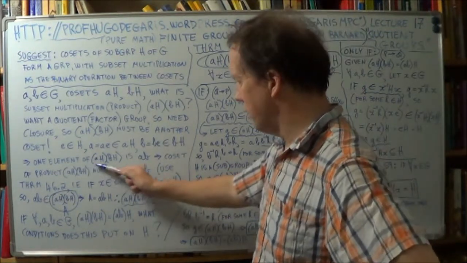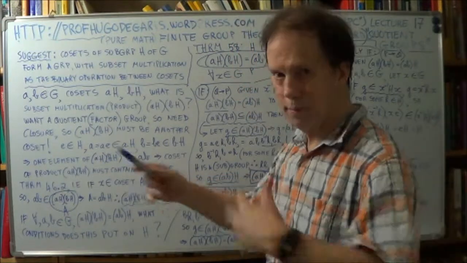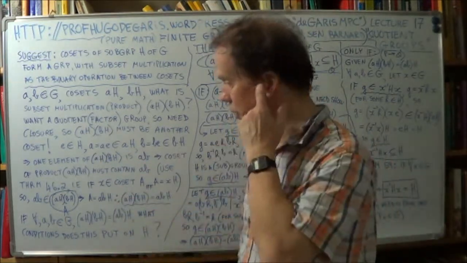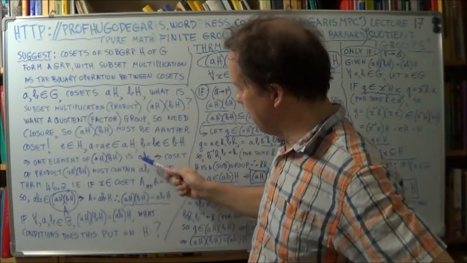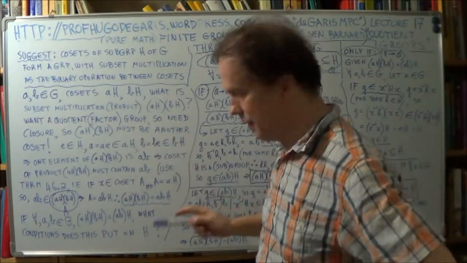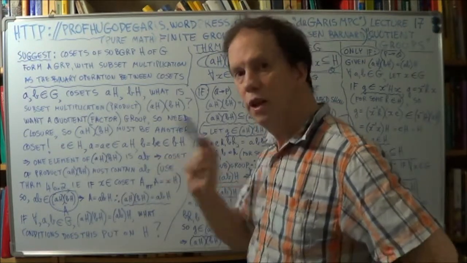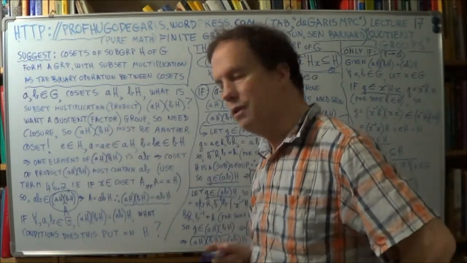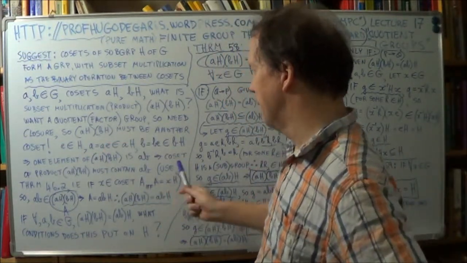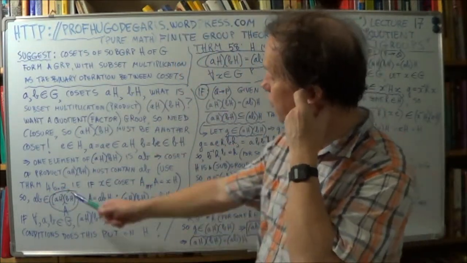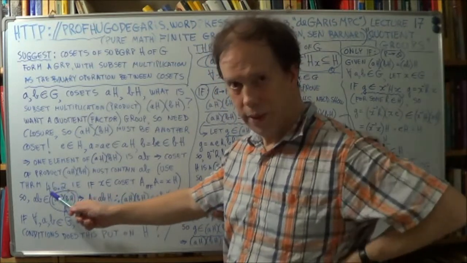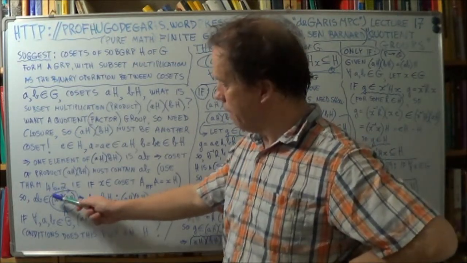So whatever this result is, some coset, because we have to have closure, whatever coset it is, this AB must belong to that resulting coset. Okay. Now we can go back to theorem 46. The second part was a three-part theorem.